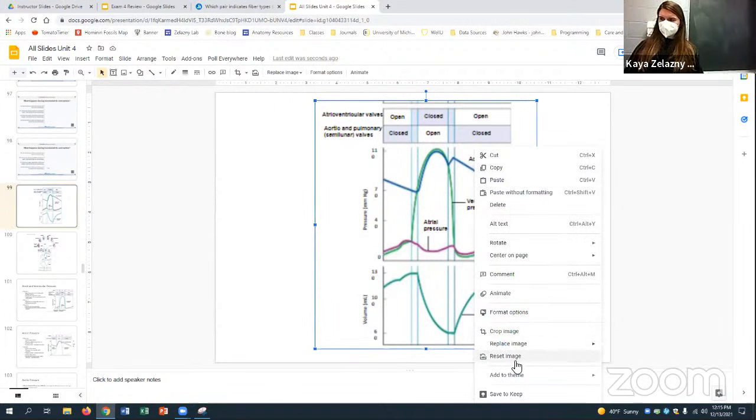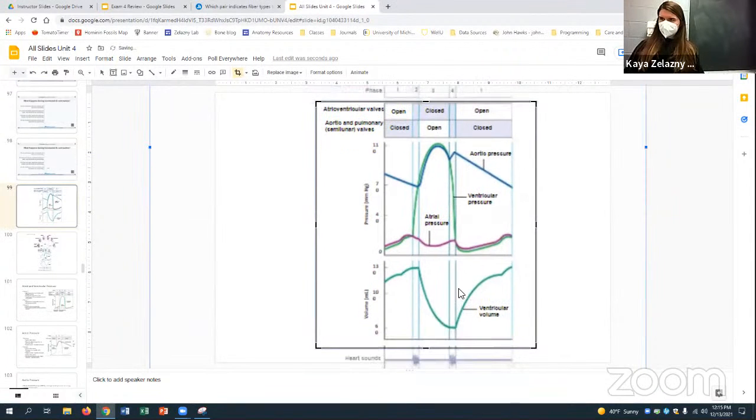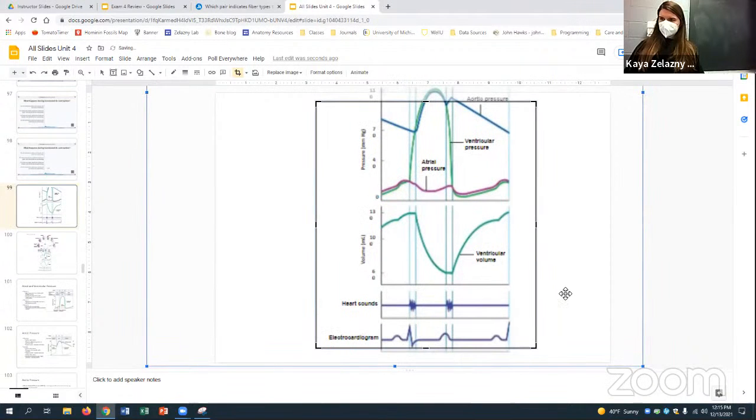And what do we have at the bottom here? So the heart sounds and the ECG at the bottom are how we might measure these different things. So remember the heart sounds, what's happening with those heart sounds? What's creating that noise?